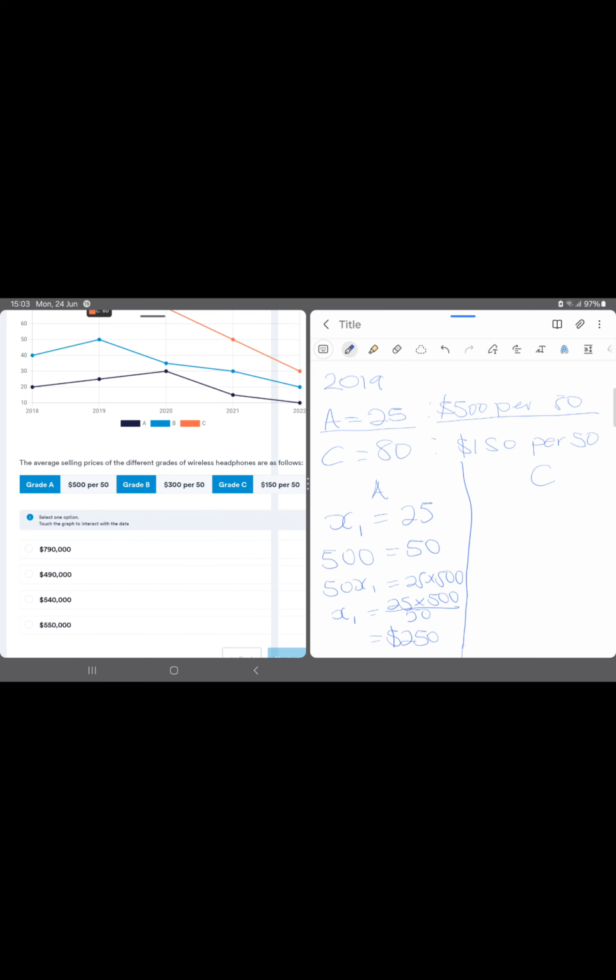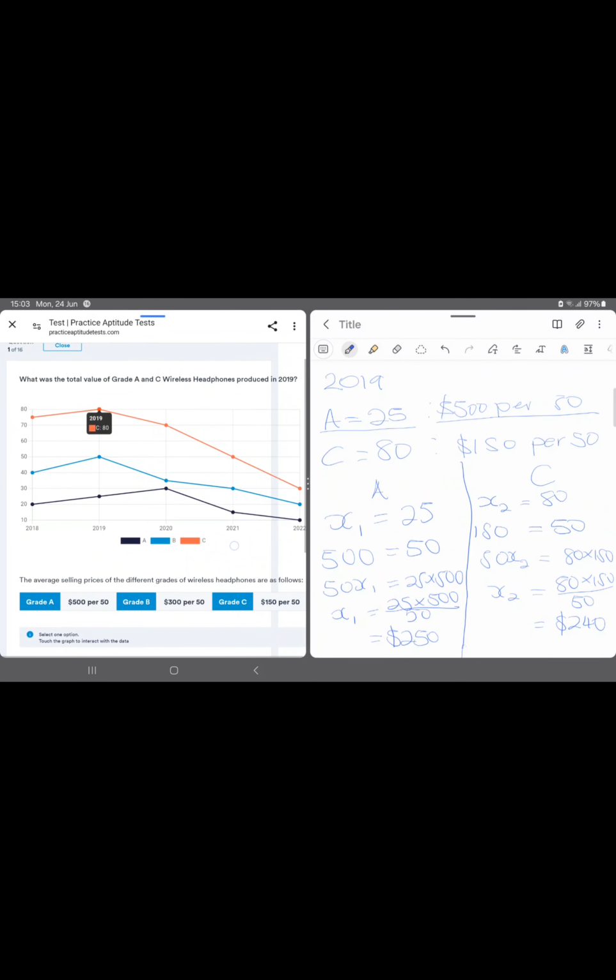We'll do the same thing for C. So we have x2 is equal to 80 and 150 is equal to 50. Then 50x2 is equal to 80 times 150, and x2 is equal to 80 times 150, all divided by 50, which gives us 240.